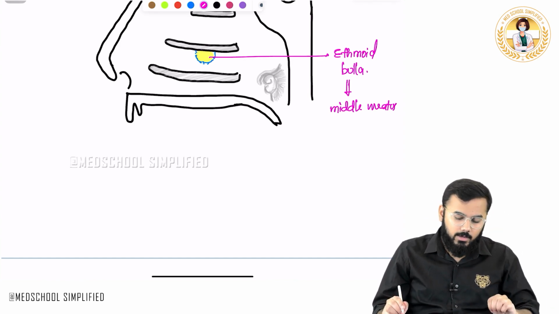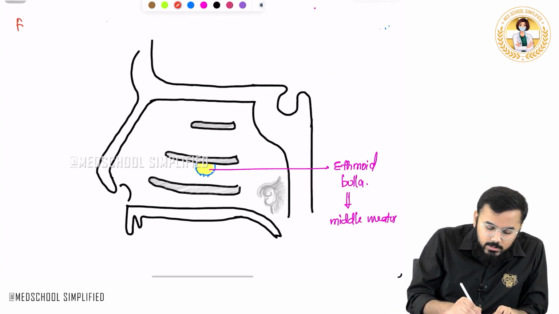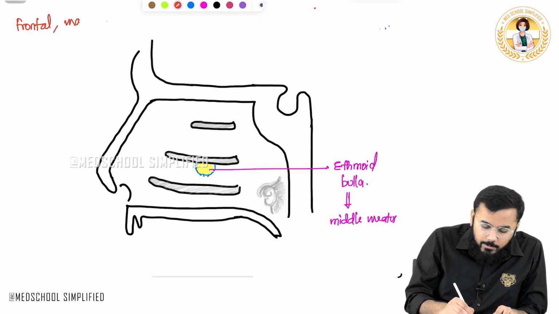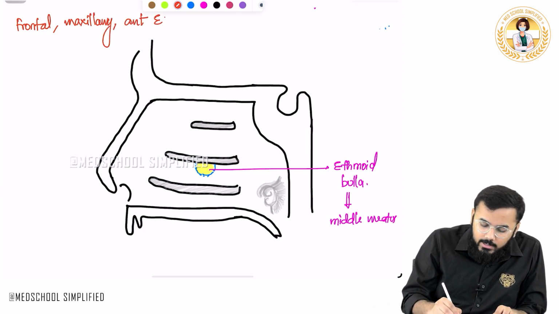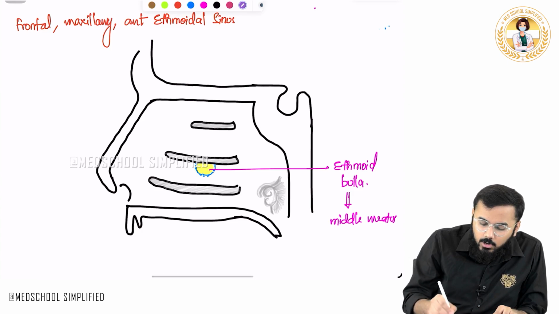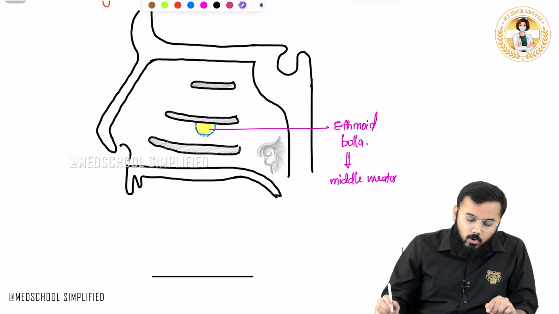Now previously I told you that the frontal sinus, the maxillary sinus, and the anterior ethmoidal sinus, these three sinuses I talked about previously.